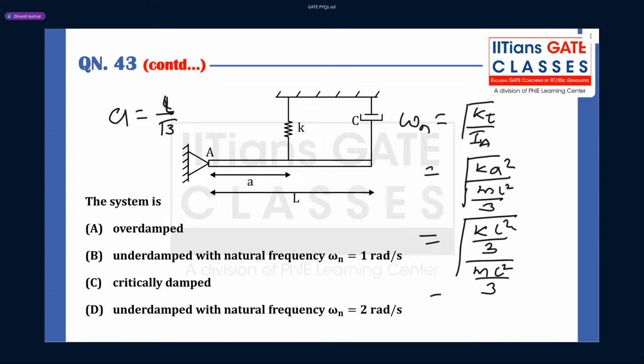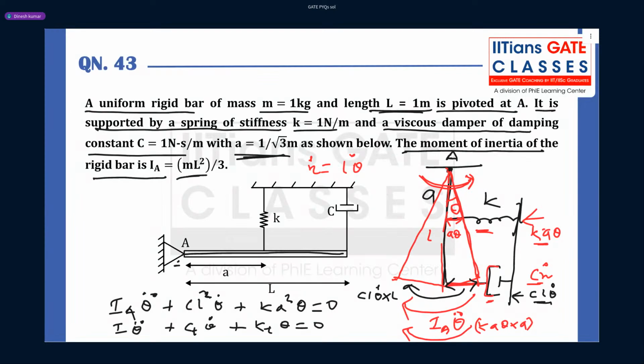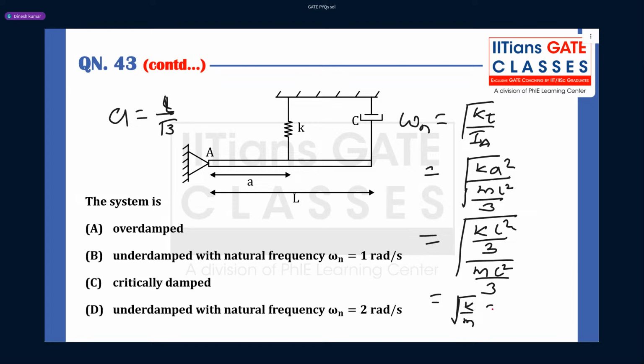So omega n is under root K by M. Now what is K and M? K is 1 Newton per meter, and M is 1. So it is 1 by 1. So what is the natural frequency? 1 radian per second.